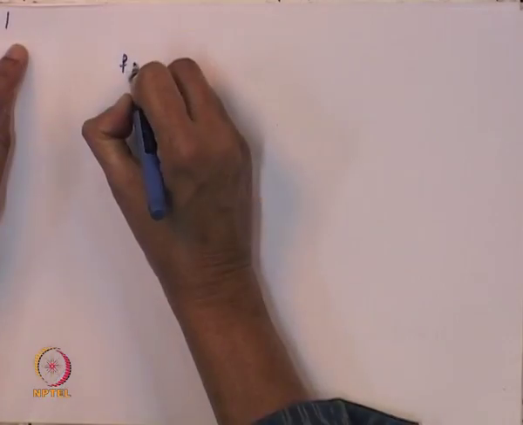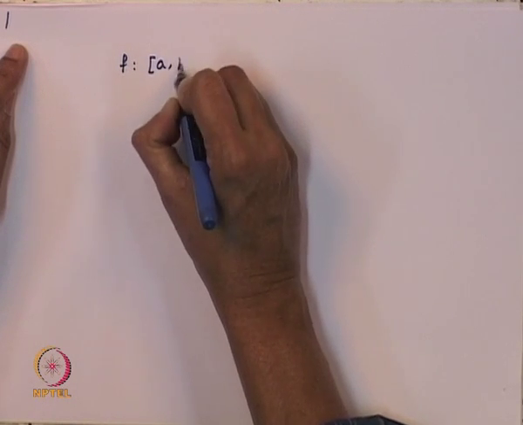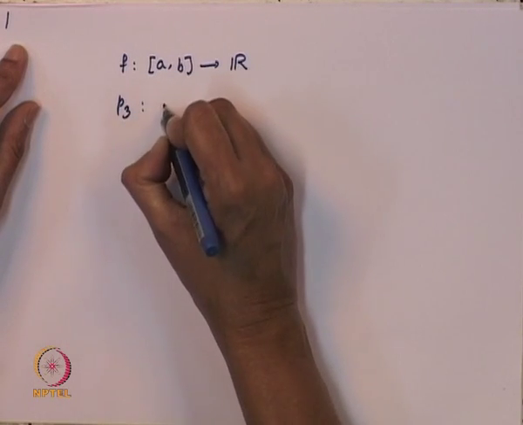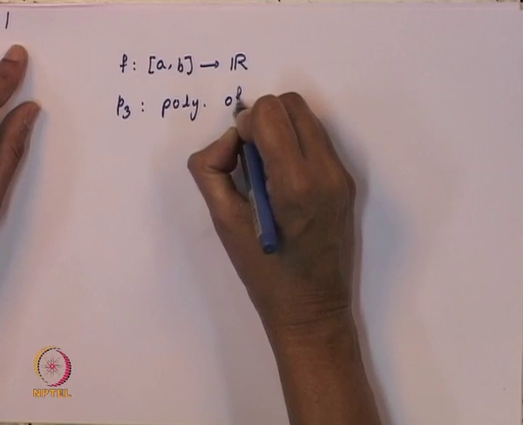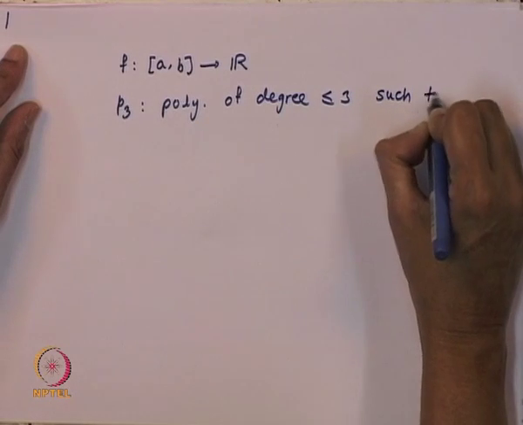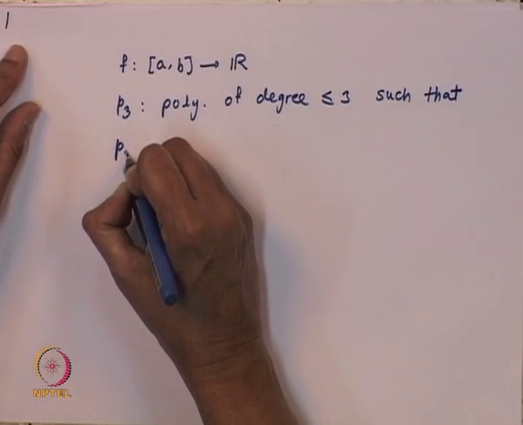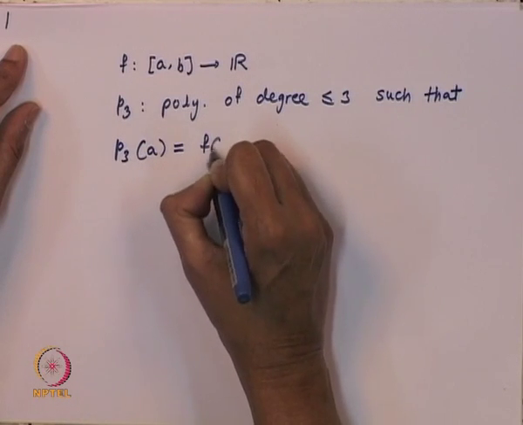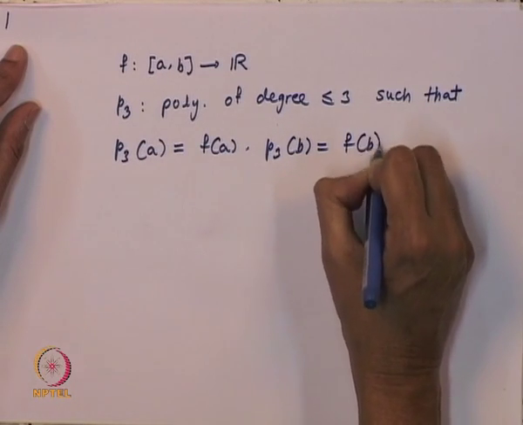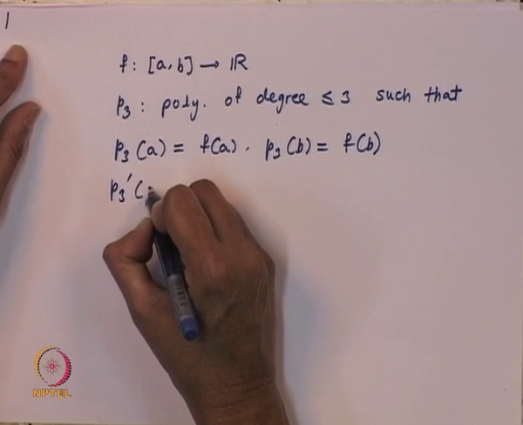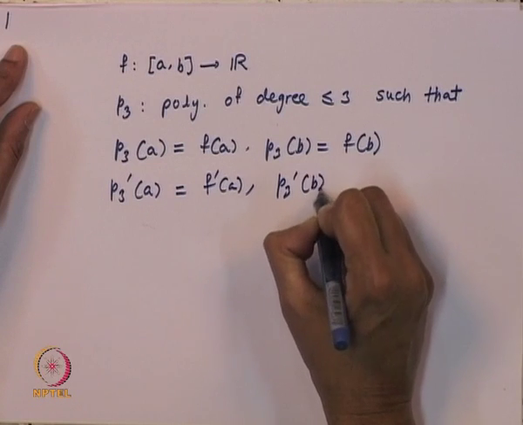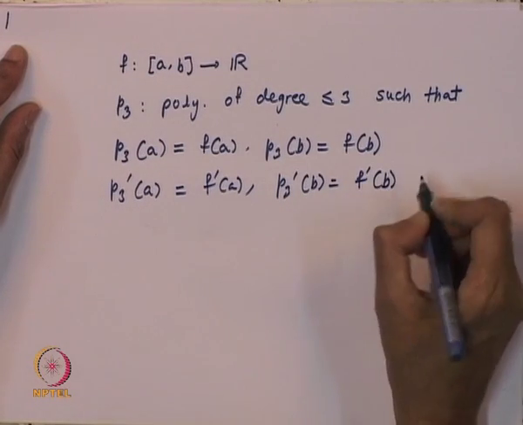So, when we have a function f defined on interval [a, b] to the real line, look at P3 to be a polynomial of degree less than or equal to 3, such that P3(a) is equal to f(a), P3(b) is equal to f(b), and P3'(a) is equal to f'(a), P3'(b) is equal to f'(b), where dash denotes the derivative.